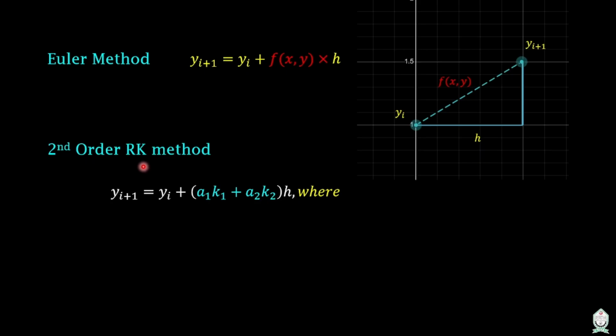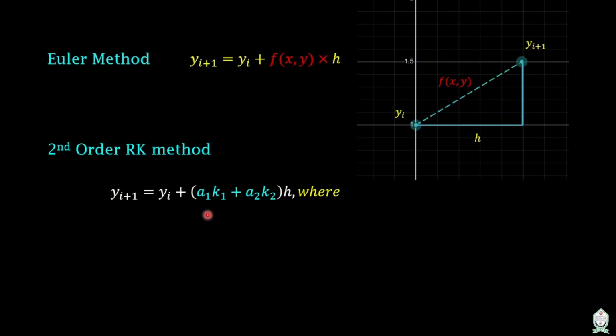We need to approximate the function y on the graph paper, and in Euler's method we used this formula for approximating values of y. In the second order RK method we will use this function to approximate values of y on the graph paper.